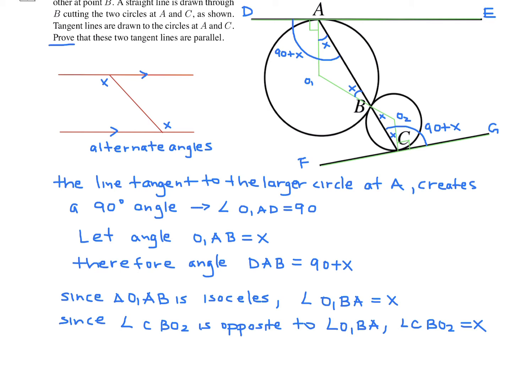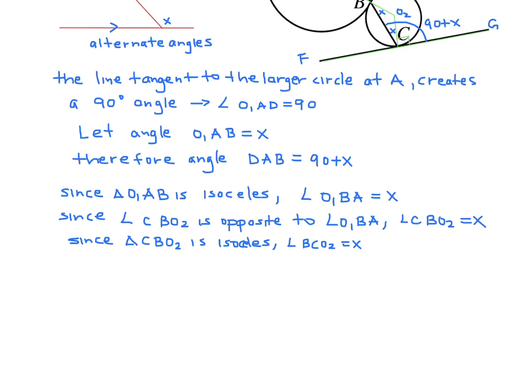So therefore that angle is x, and that's what I had labeled in earlier. And then we have to talk about how this is isosceles, and therefore this angle is also x. Since triangle CBO2 is isosceles, angle BCO2 is also equal to x. Correct?